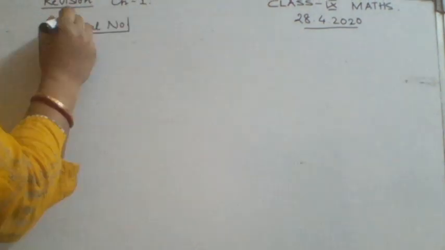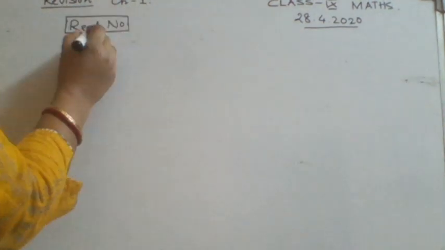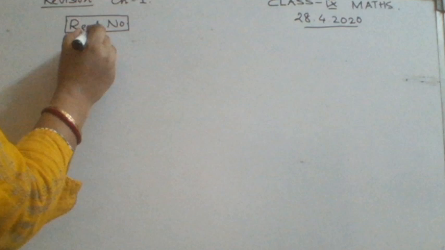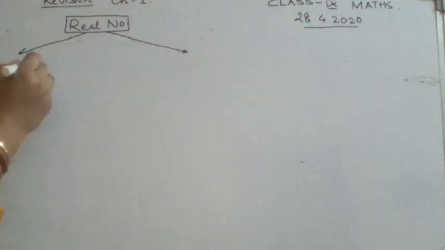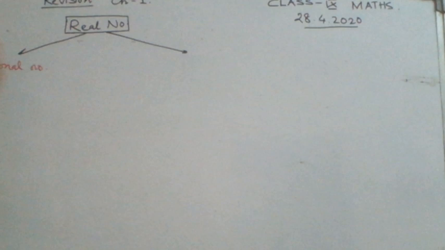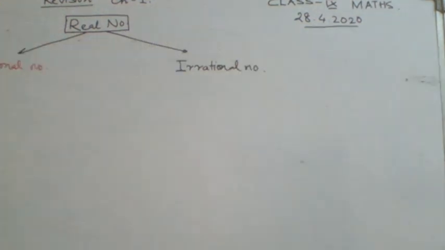If you categorize them, real numbers are of two types: one is rational number, and just the opposite of it is irrational number. Rational number and irrational number.